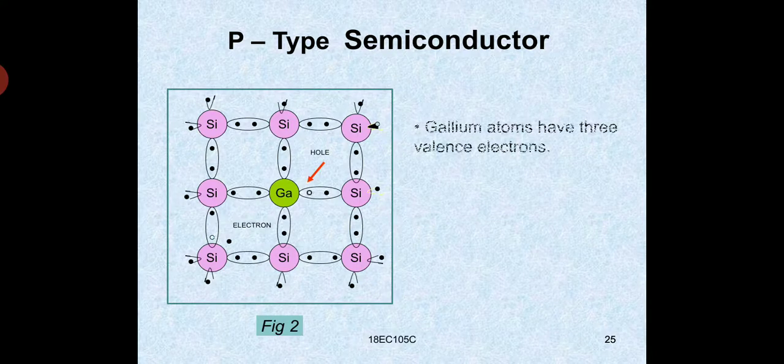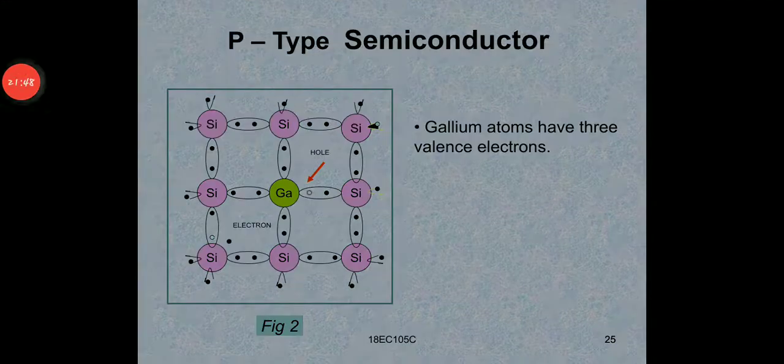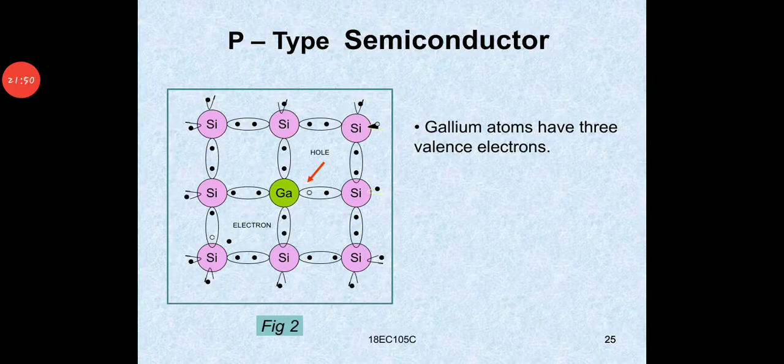Here the gallium atoms have three valence electrons. It makes covalent bonds with the adjacent three silicon atoms.